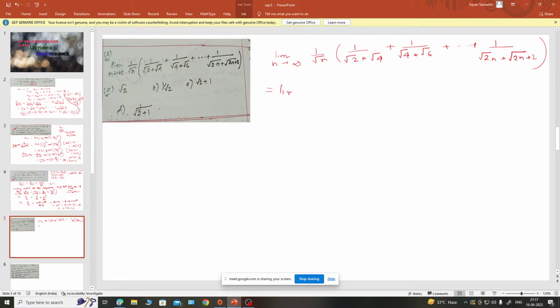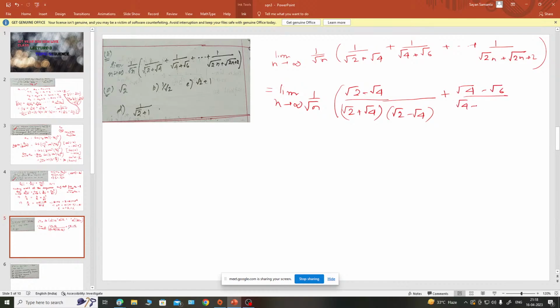We can write the limit as n tends to infinity of 1 by root n. Here root 2 plus root 4 exists, so in both denominator and numerator we multiply by root 2 minus root 4. Is it clear to everyone? Similarly for the second term, we multiply by root 4 minus root 6.